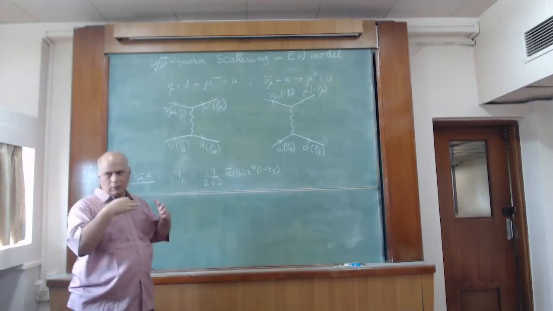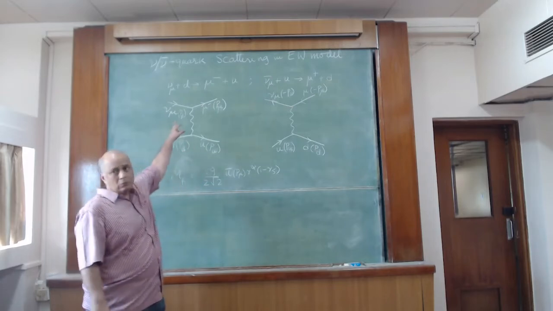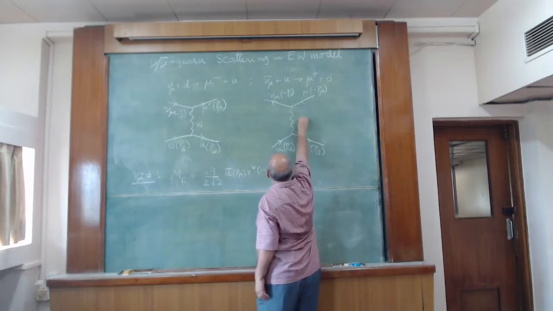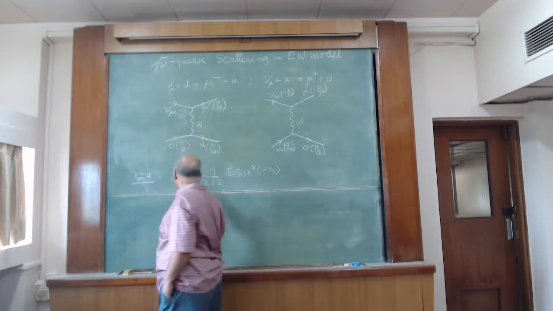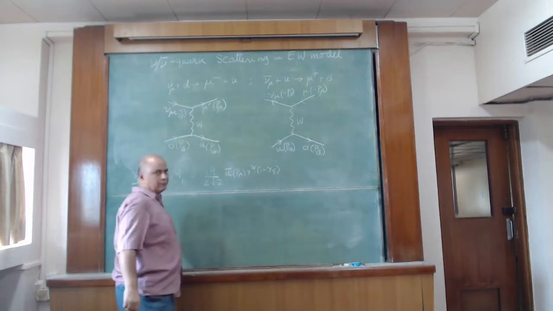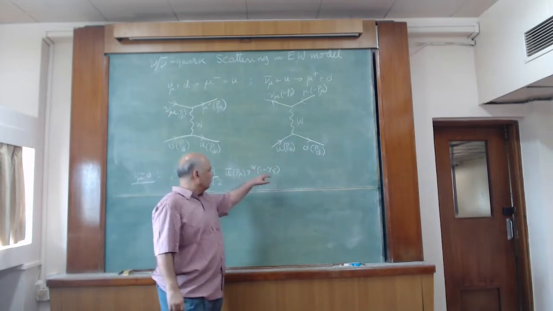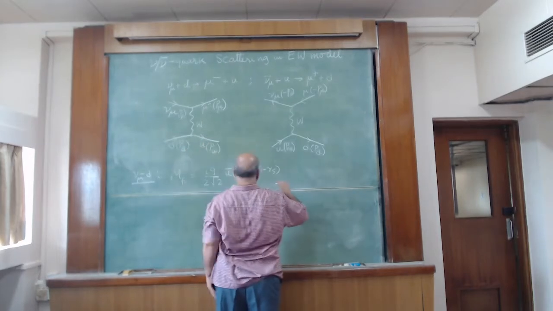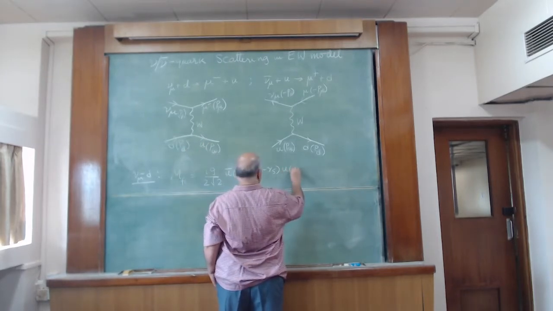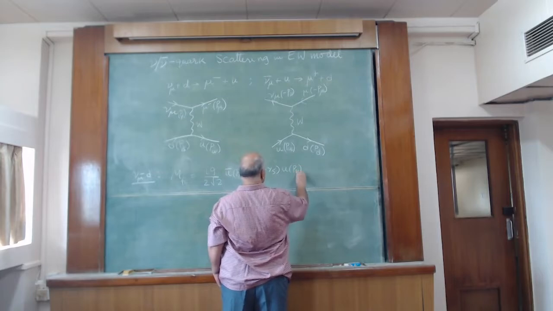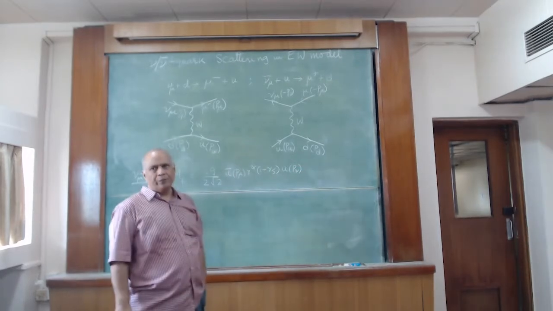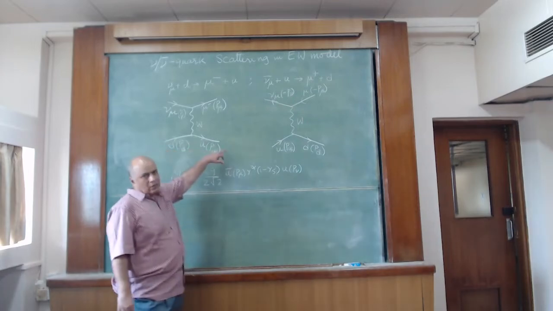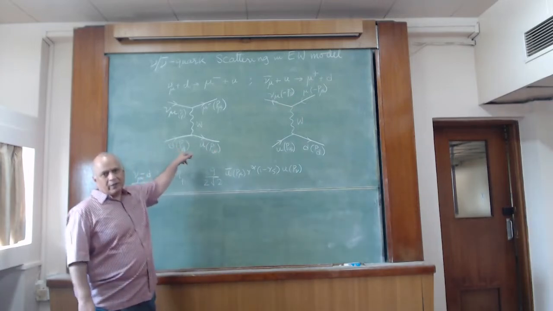The coupling of W, this is W, and the coupling of W is V minus A. So that's why we write 1 minus gamma 5. And that is an incoming particle. Similarly this is an outgoing particle, this is an incoming particle.